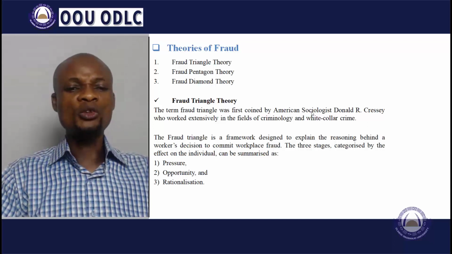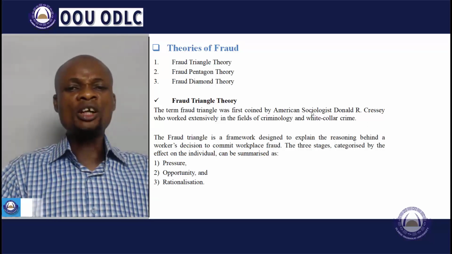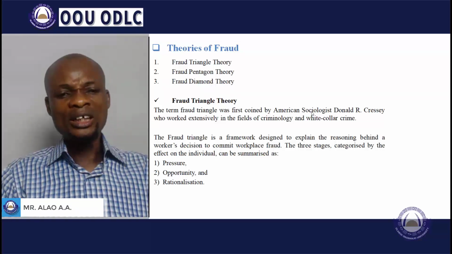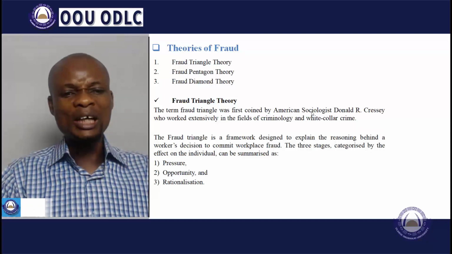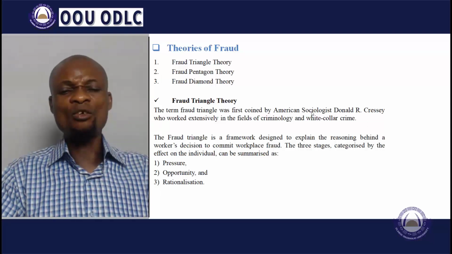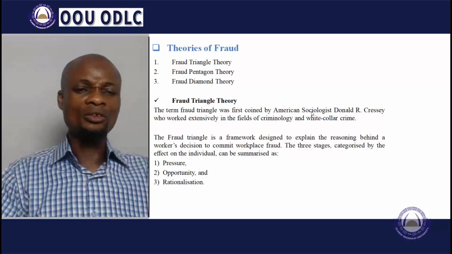The second one is opportunity. People engage in fraud because of the opportunity they have. Perhaps the opportunity of being a clerk, an accountant, a lecturer, or anybody occupying a particular post. They use that post as a reason for engaging in one form of fraud. The third one is rationalization.